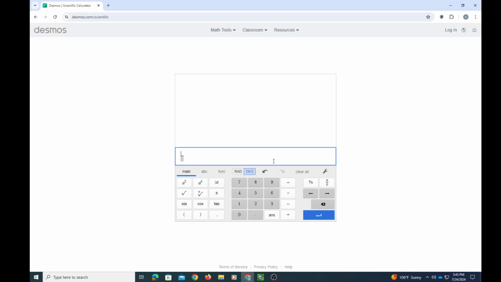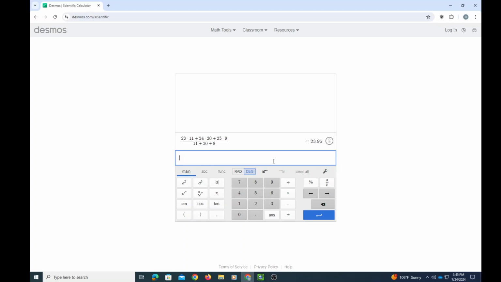I'm going to give myself a little fraction, and I want to do 23 times 11 plus 24 times 20 plus 25 times 9, and then I want to divide that by 11 plus 20 plus 9.